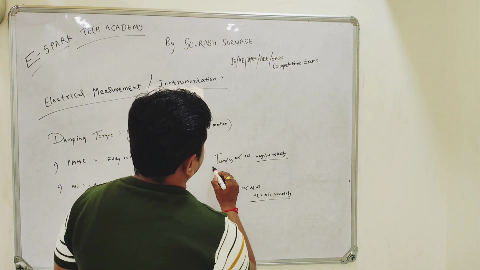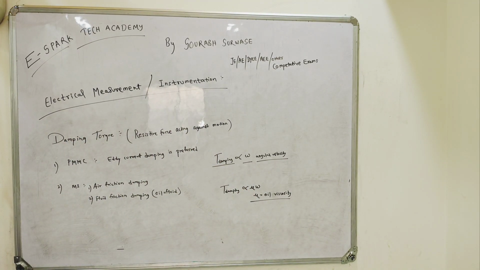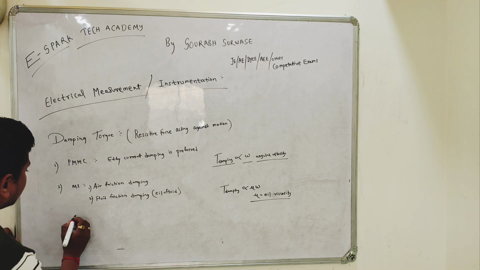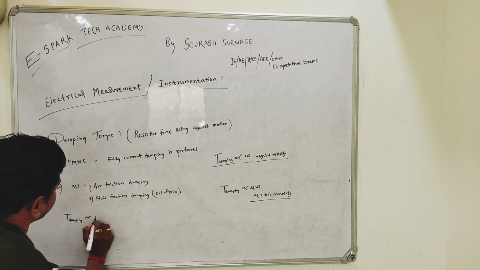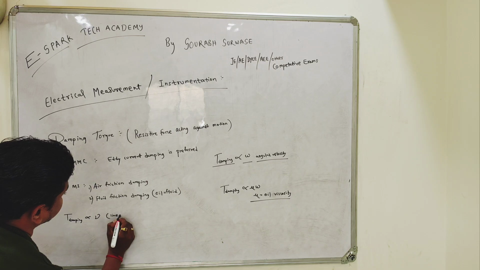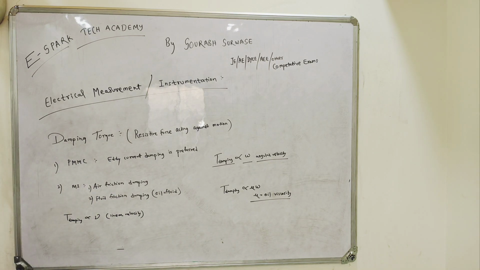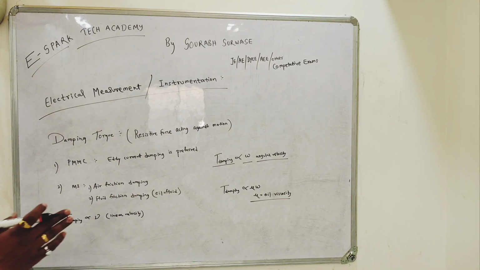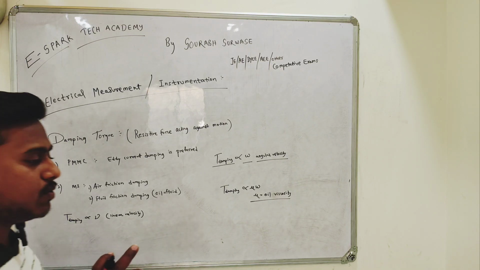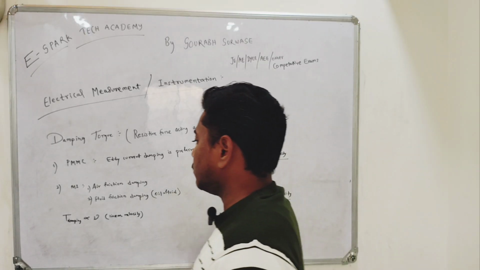Now I want to explain why the damping torque is proportional to angular velocity, because if you go through the basics of physics, the damping torque will be proportional to only velocity, which is linear velocity. But when you take the angular concept, linear concept will be displacement in forward or reverse direction, but when you have to calculate the angular displacement, the angular velocity omega comes into picture.